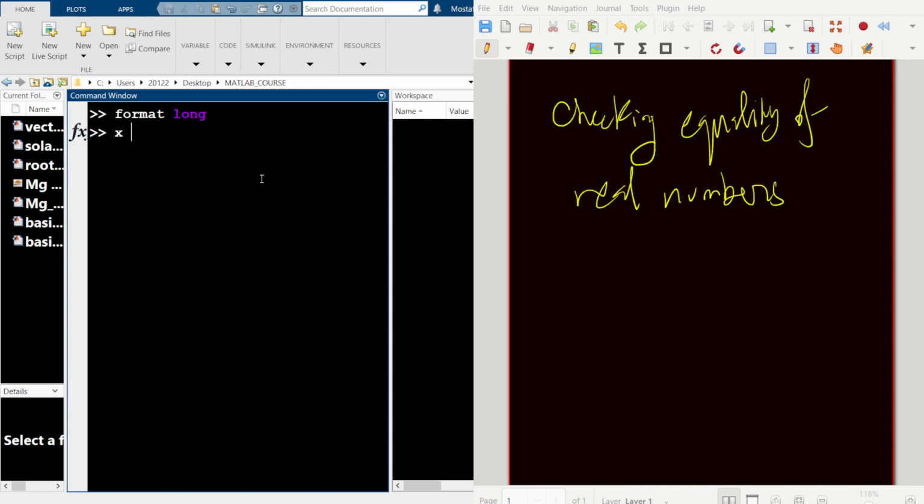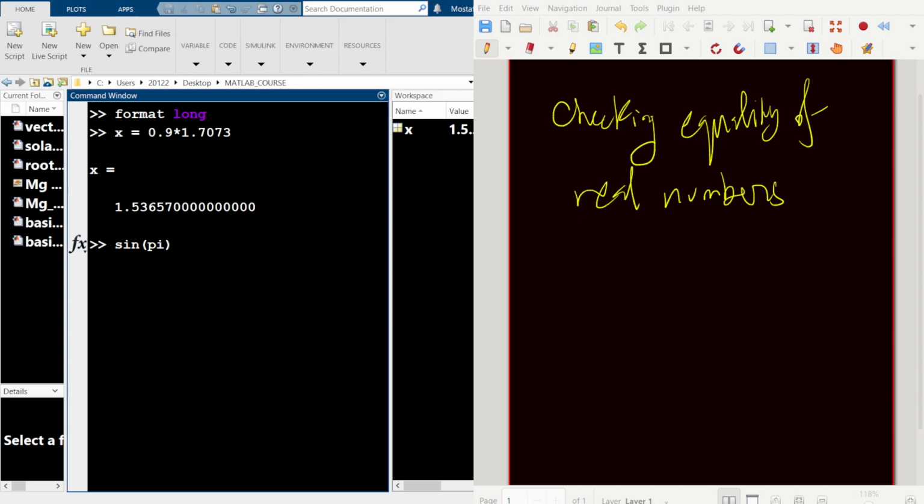So, for example, if I type x equals 0.9 times 1.60573, the answer, as you see here, gives you as many digits as possible. All right, so let me actually ask MATLAB to calculate sine pi.